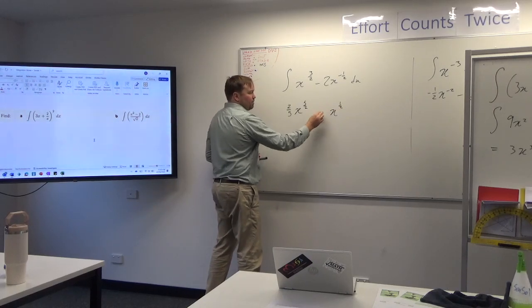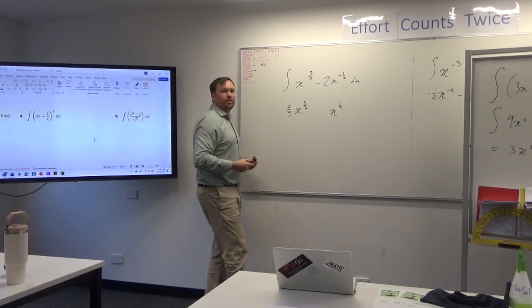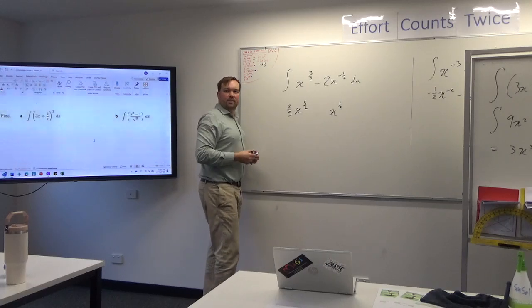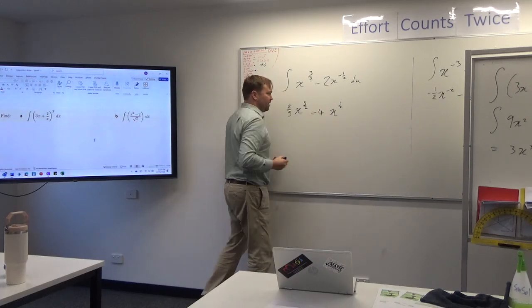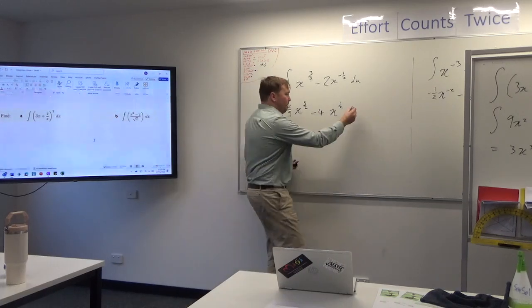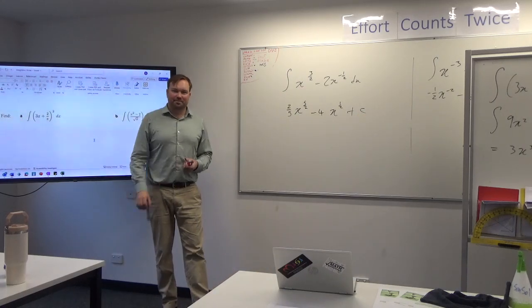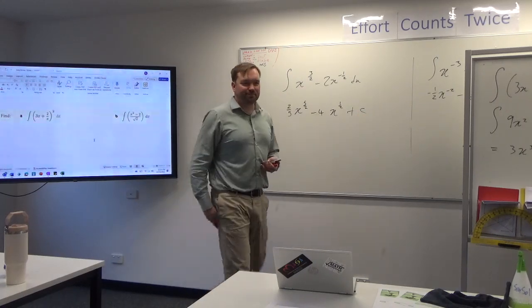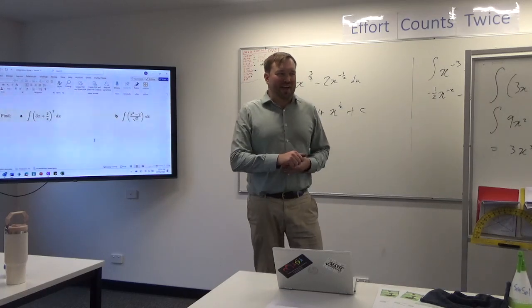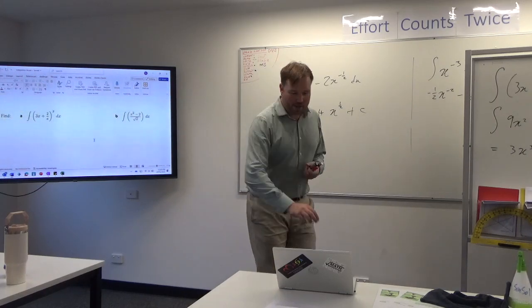Positive a half times what gets us to minus 2? Minus 4. Yeah, minus 4. Nice. Plus c. So to get the idea, it's a bit trippy going backwards.